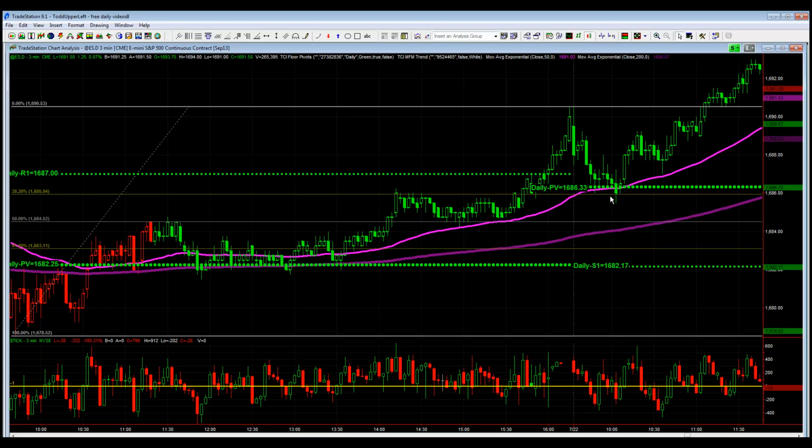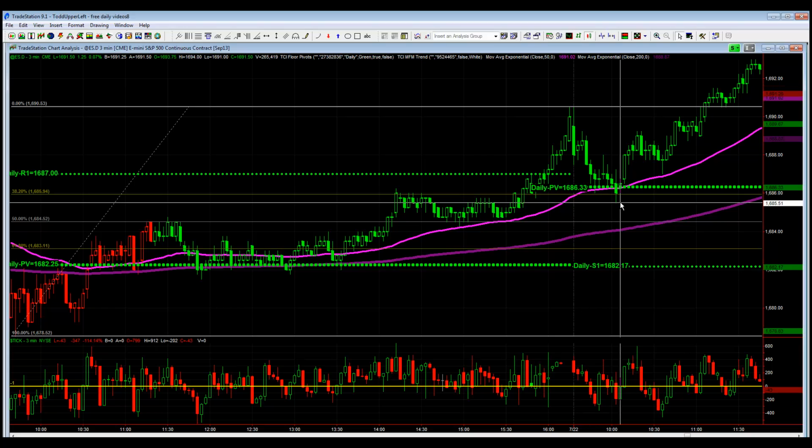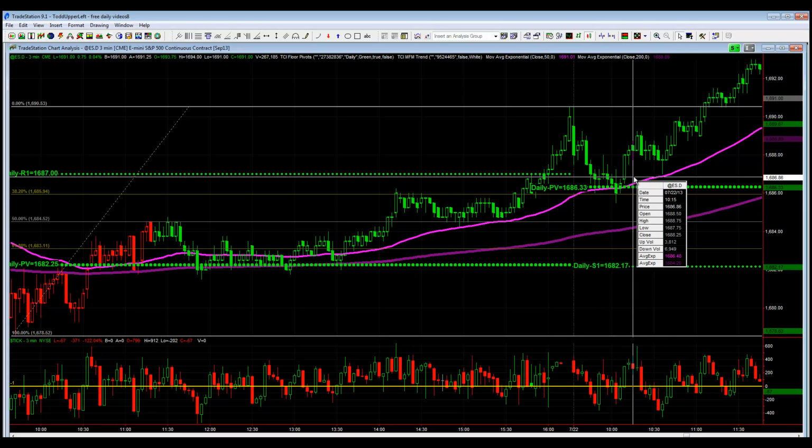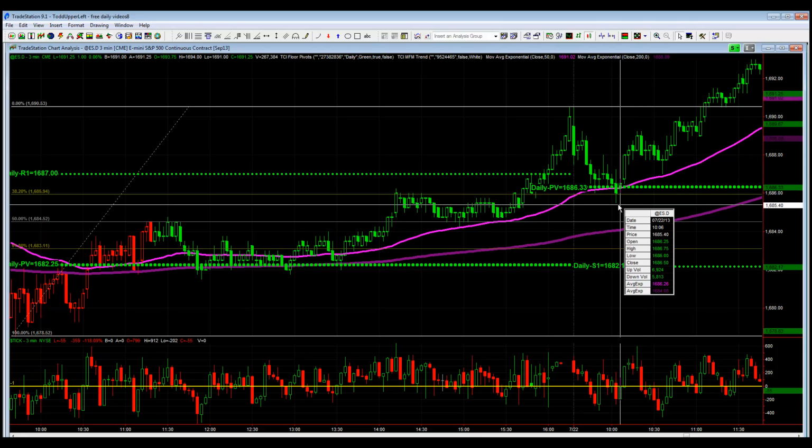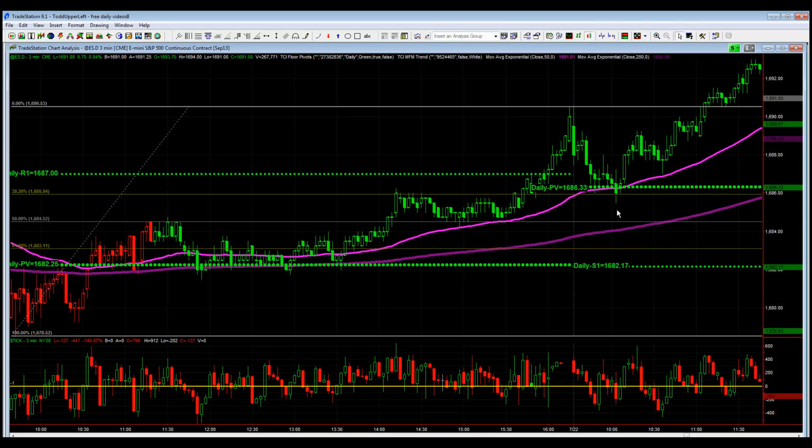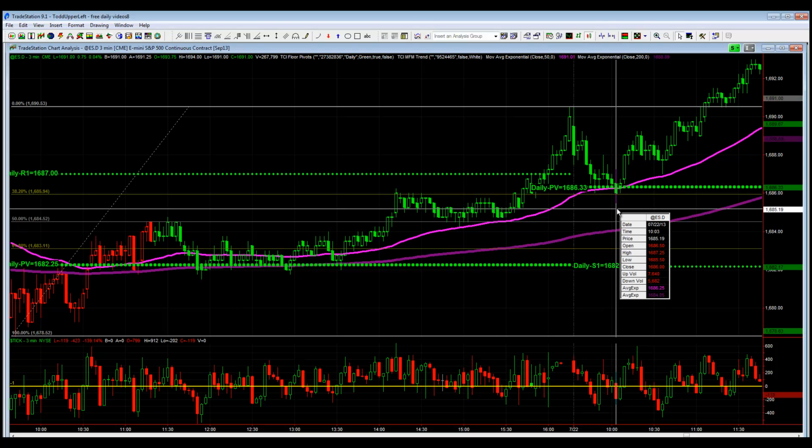So we had a very low risk trade. You want to be going long above the high of that inside pattern, which yesterday was 1686 3/4. So you're going long right in here with an initial stop loss below the 1685.5, which was the low of the prior bar to that inside pattern.